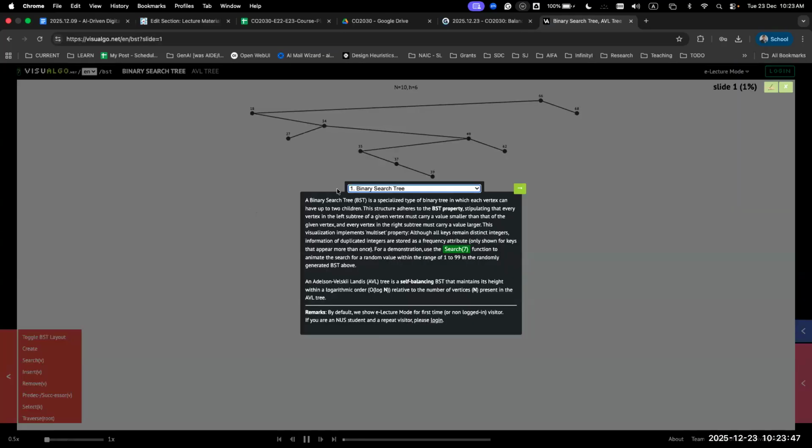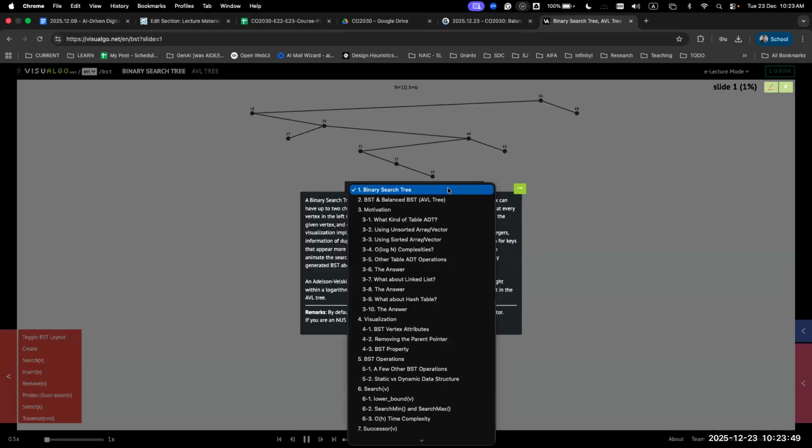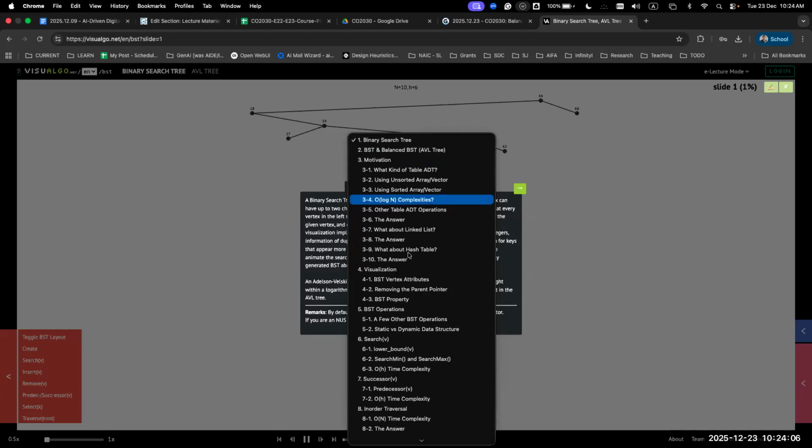If you go to binary search tree, in fact, they have a lot of items related to binary search tree, starting from the usual binary search tree, and AVL tree, balanced binary search tree. They are taking AVL tree as an example, and those are the differences, and also all what I discussed, and some quizzes.